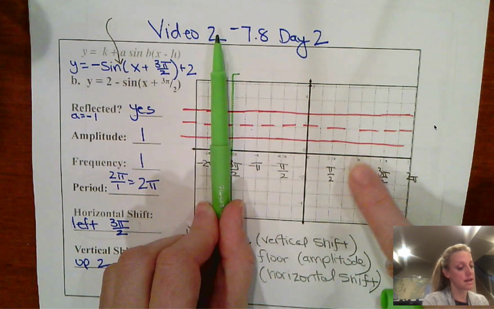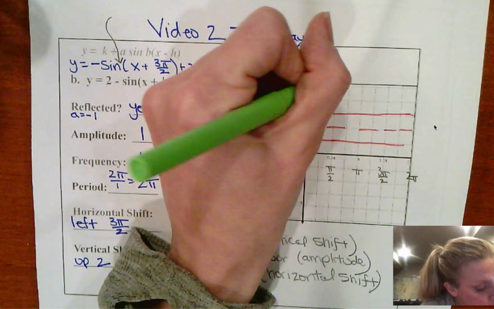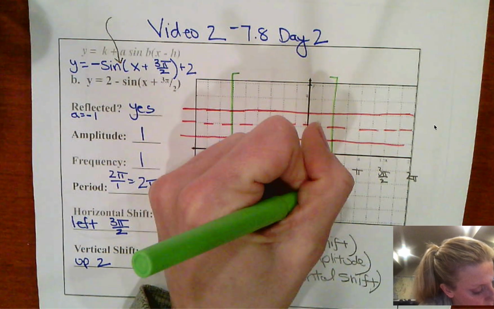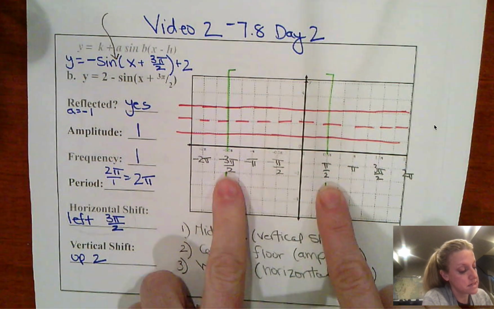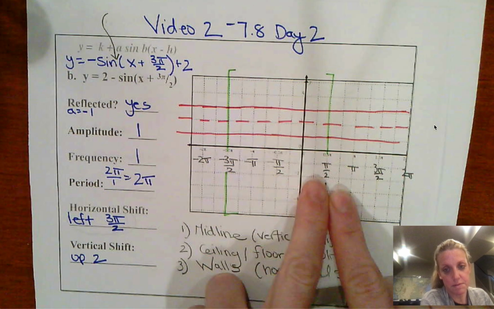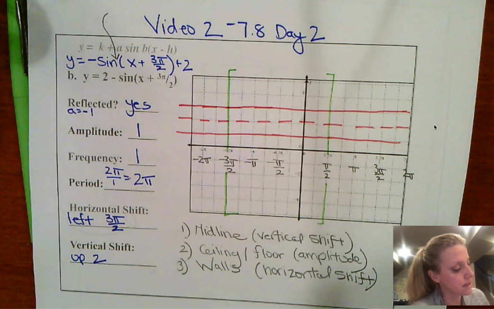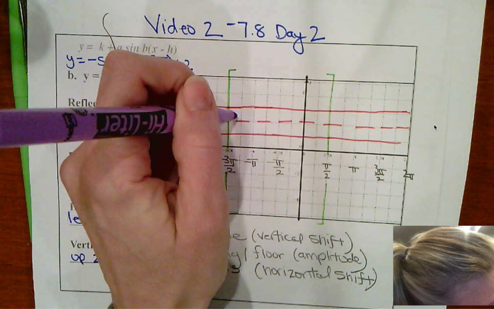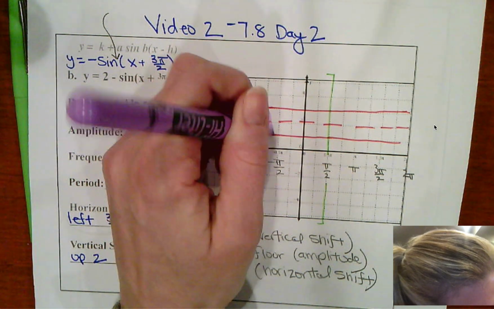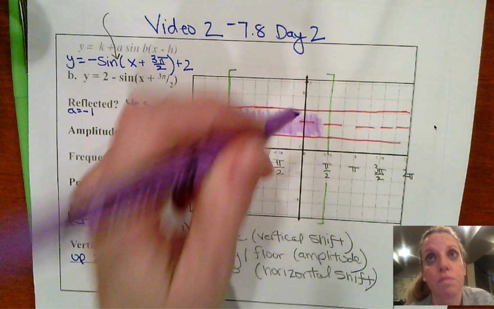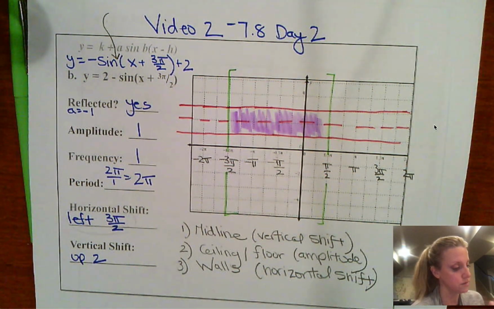It starts at -3 pi over 2. So it's going to end at a positive pi over 2. Because this added up gets me from here to here is 2 pi. So now I have a really nice box where one cycle of my graph is going to go.